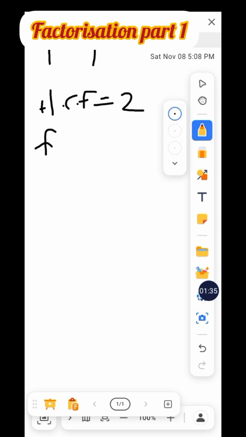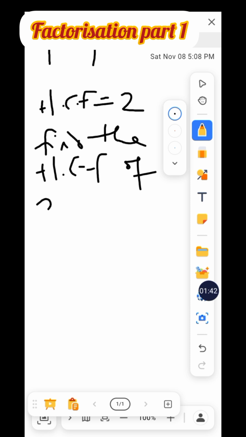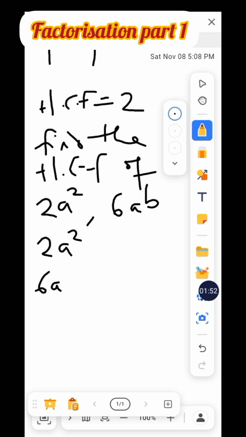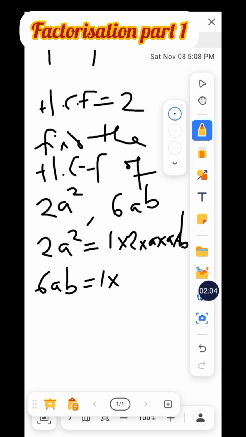As we have found HCF for ordinary numbers, we can also find HCF for algebraic factors. For instance, if you are asked to find the HCF of 2a squared and let's say 6ab, let's use the prime factor method. 2a squared can be broken down into 1 times 2 times a times a, and 6ab can be broken down into 1 times 2 times 3 times a times b.